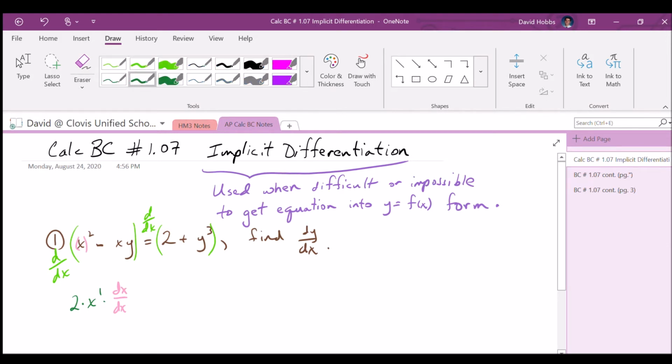Okay, minus, now we have a product of variables, x times y. Now I just went ahead and wrote the minus. I think it's a good idea to go ahead and distribute the minus afterwards and just deal with the product rule inside the parentheses.